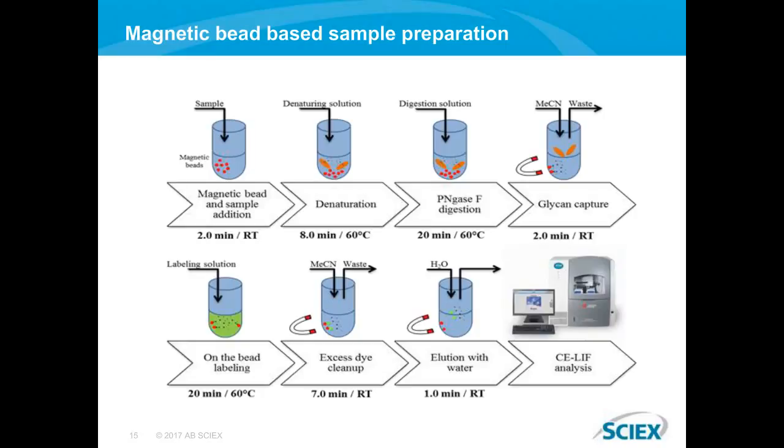So the first step is that we have the magnetic beads and the sample component in the reaction vial. After that, we denature the sample at 60 degrees for 8 minutes.